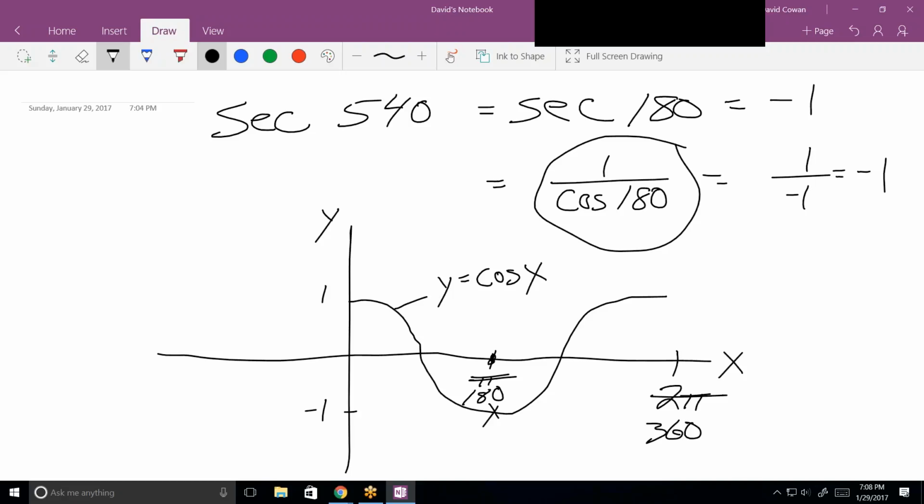It's normal to take these angles that are outside the unit circle and subtract as many 360s as you need to get them inside the unit circle. And that's what we did here. There are some cases where if I said, what's the sine of minus 30, you wouldn't want to necessarily do that.